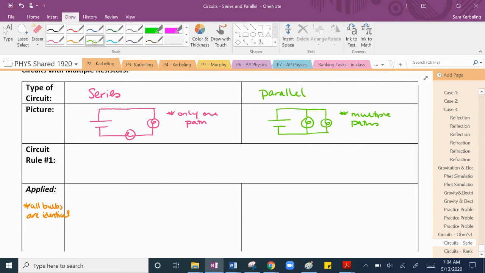One other thing to note that's really important to know, because I know that sometimes it gets confusing for people when they're just starting out with circuits, is that the length of the wire doesn't matter.